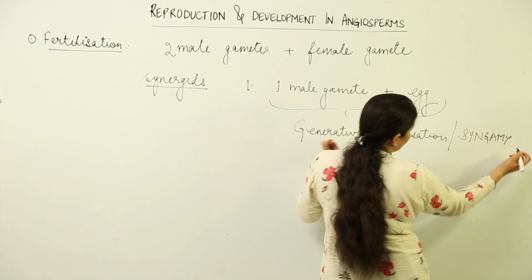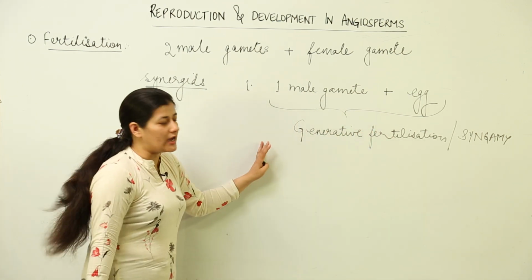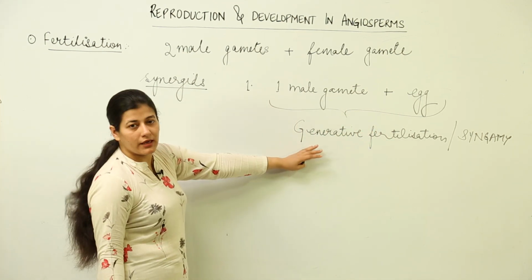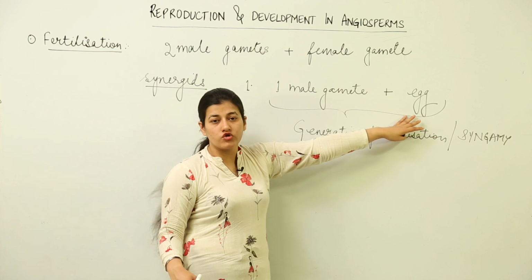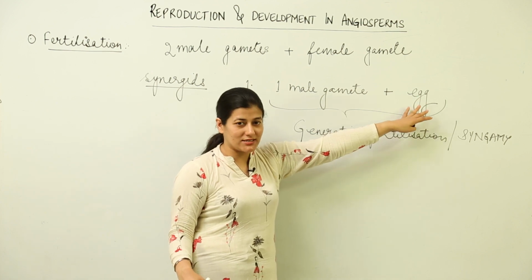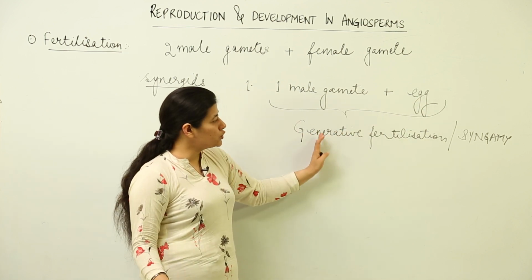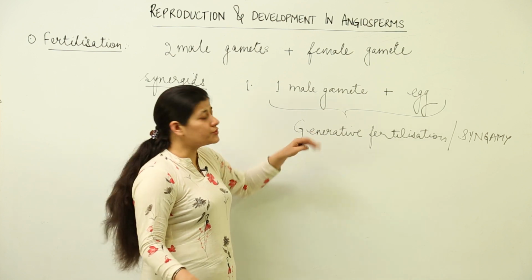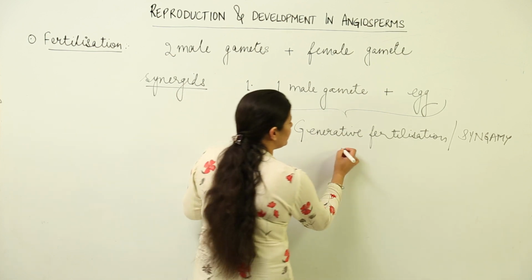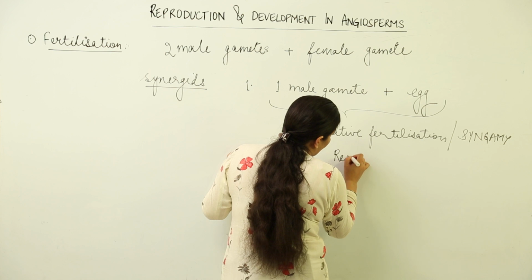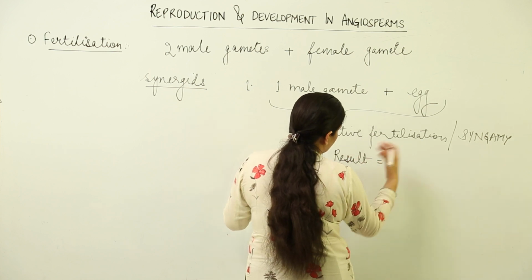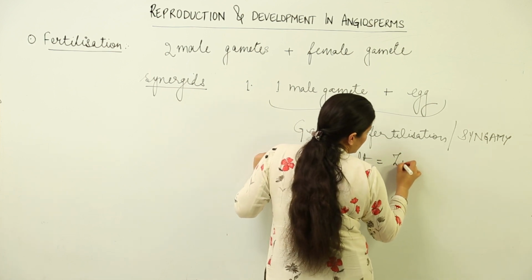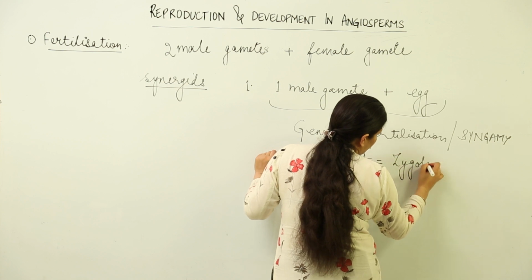So here we have the first male gamete out of the two undergoing a fusion with the actual female gamete, that is the egg, resulting in a zygote, which would later on develop to an embryo that we study as post-fertilization changes. We get a zygote.